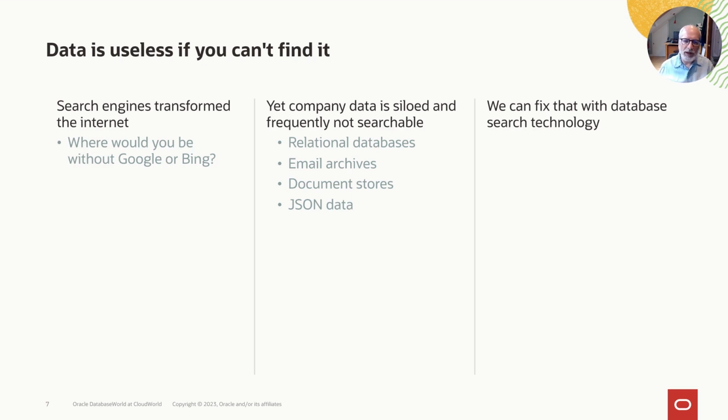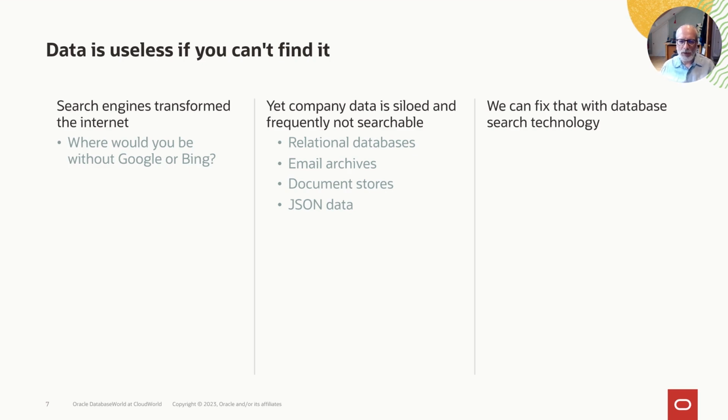But again, it only really took off when we started getting search engines, things like Alta Vista and Google. Suddenly people could find the data that they wanted on the internet, and there was an absolute explosion of internet usage as people started being able to find data on the World Wide Web.